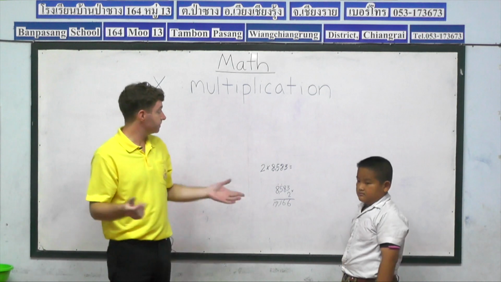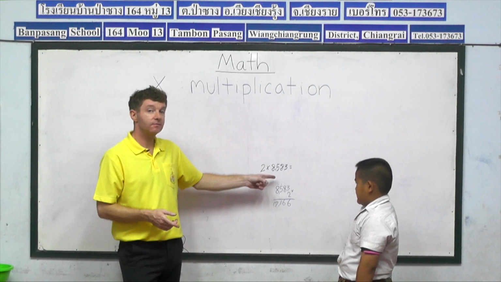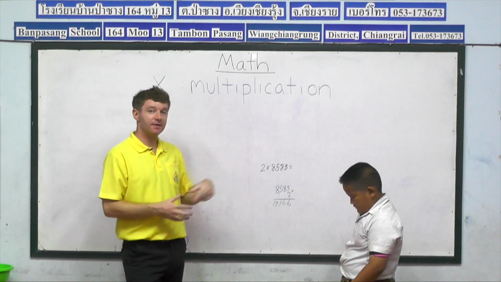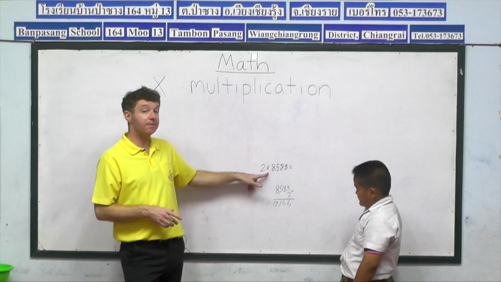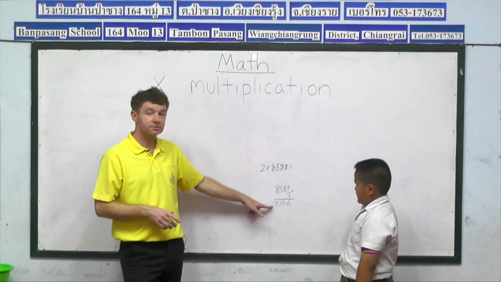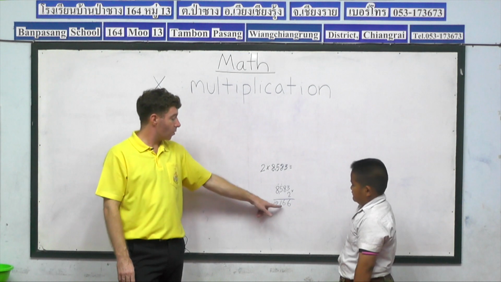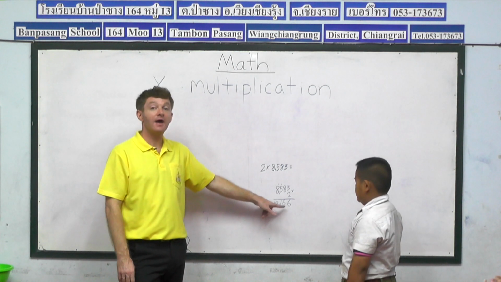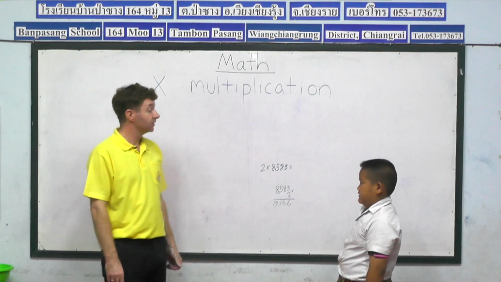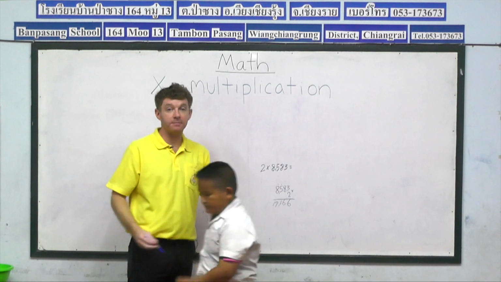So we can say 8,583 multiplied by 2 equals 17,166. Ned, that was brilliant. High five and a big round of applause for Ned, please, guys.